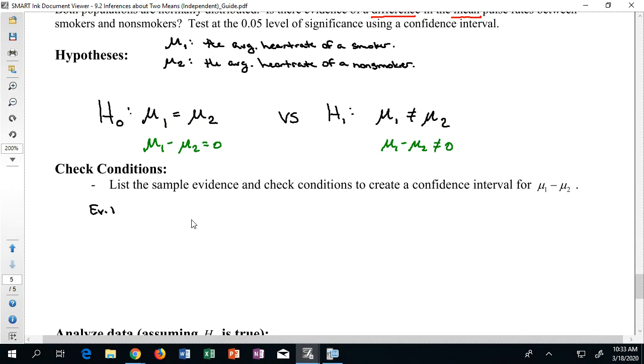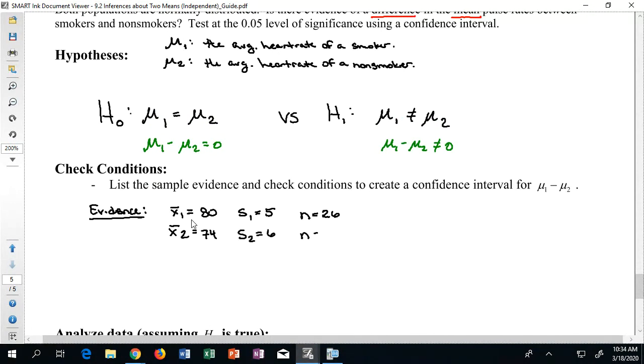So we'll start with the evidence. X bar 1 should be the average heart rate for the smokers in the sample, and that seemed to be 80. The standard deviation was 5, and my sample size there was 26. X bar 2 ended up being 74.